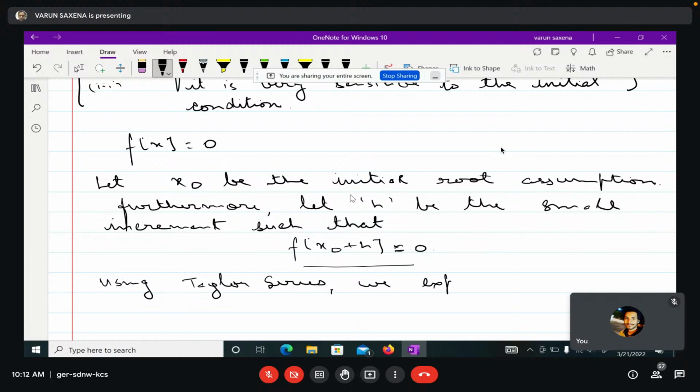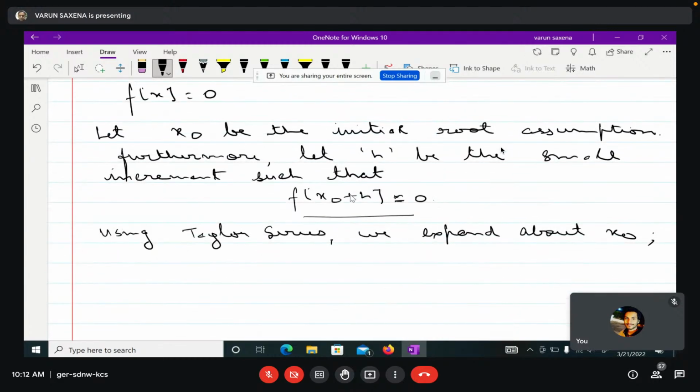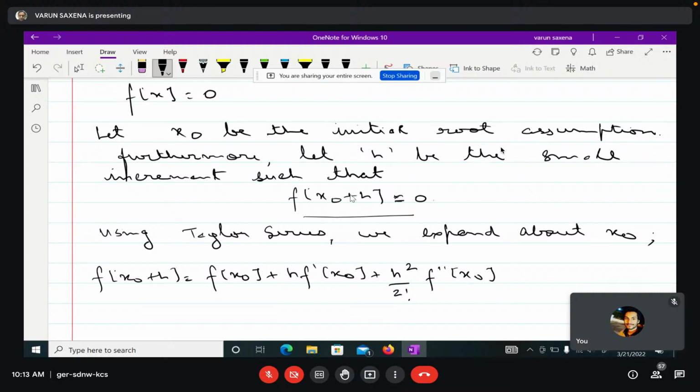You expand about x0. So what is the expansion about x0? It's very simple. We have f(x0 + h) equal to f(x0) plus h f'(x0) plus h square over 2 factorial f''(x0) and so on.